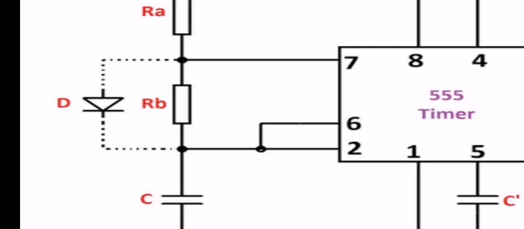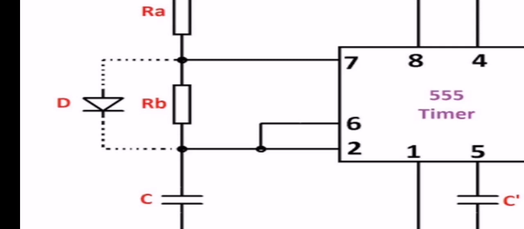This sets the output of the SR flip-flop. Thus the discharging transistor will be off and the capacitor C starts charging from VCC through resistors RA and RB.